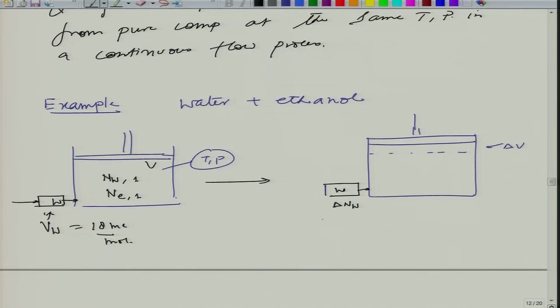Again, remember the molar volume still remains the same, and now the total volume has changed to V1 plus delta V. So, this was V1, and then NW2 is NW1 plus delta NW, and the number of moles of ethanol still remains the same. So, what would be the partial molar volume for water in such a case?